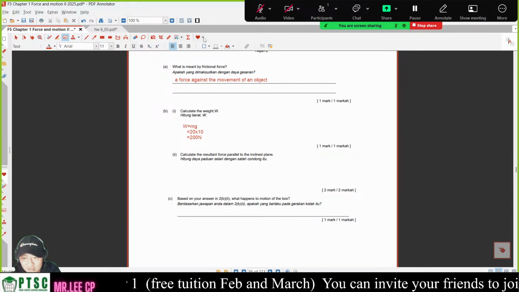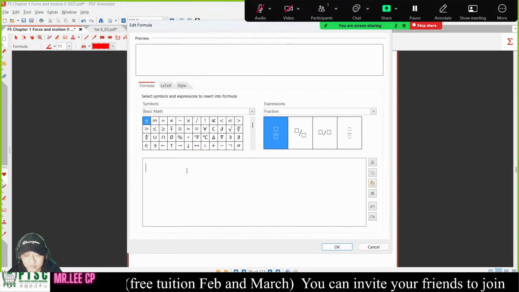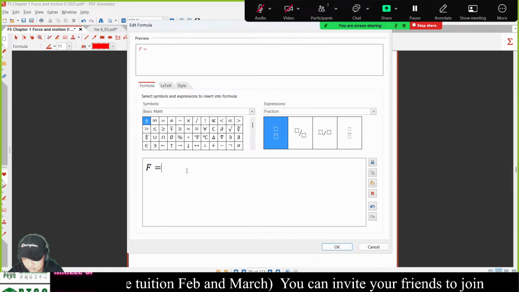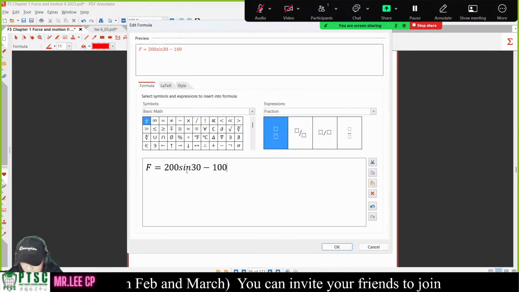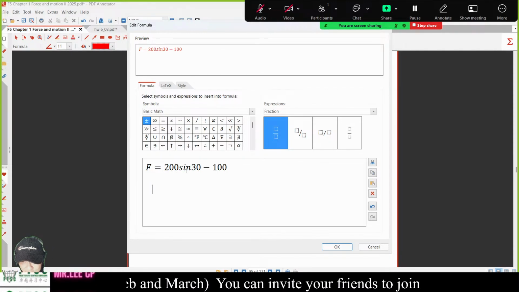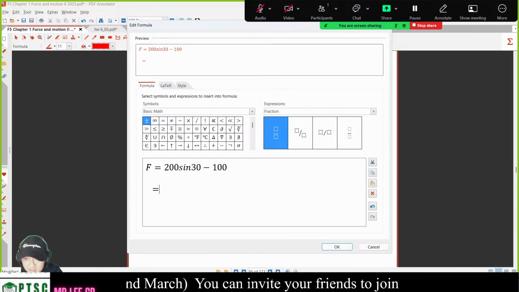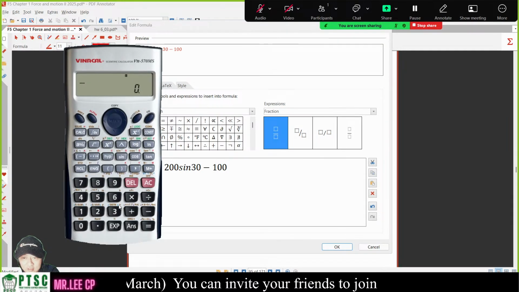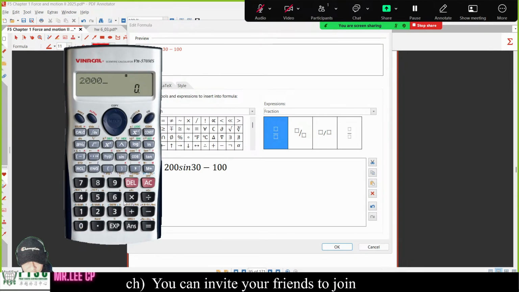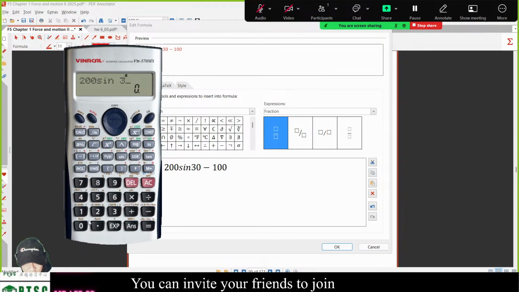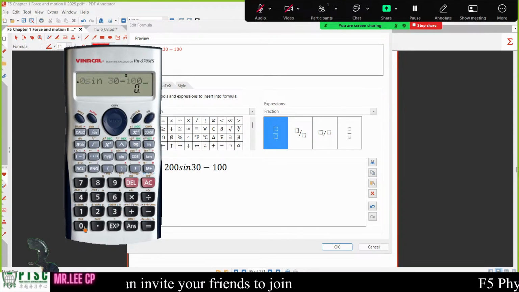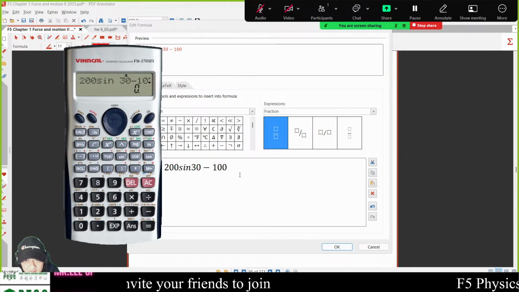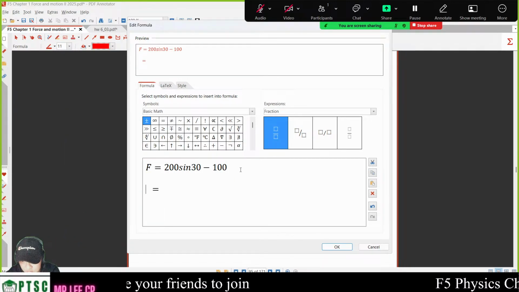So the F will be 200 sine 30 minus 100. 200 sine 30 minus 100 is equivalent to 0. Let me try. 200 sine 30 minus 100 equal to 0. Right? So equal to 0.